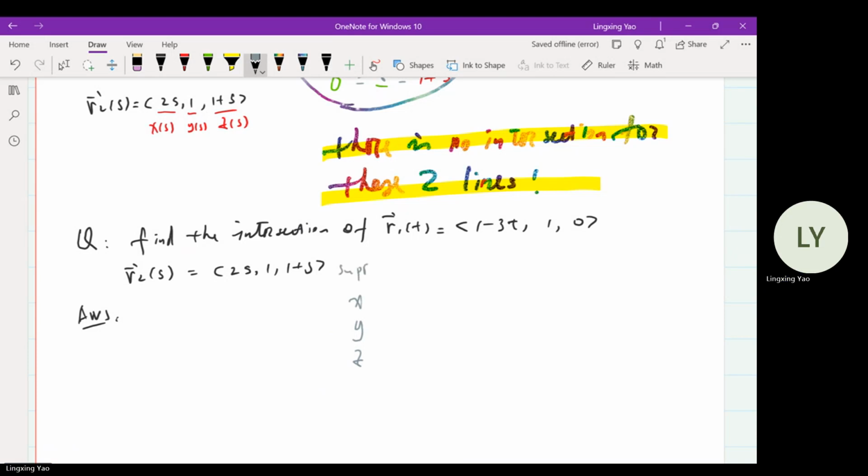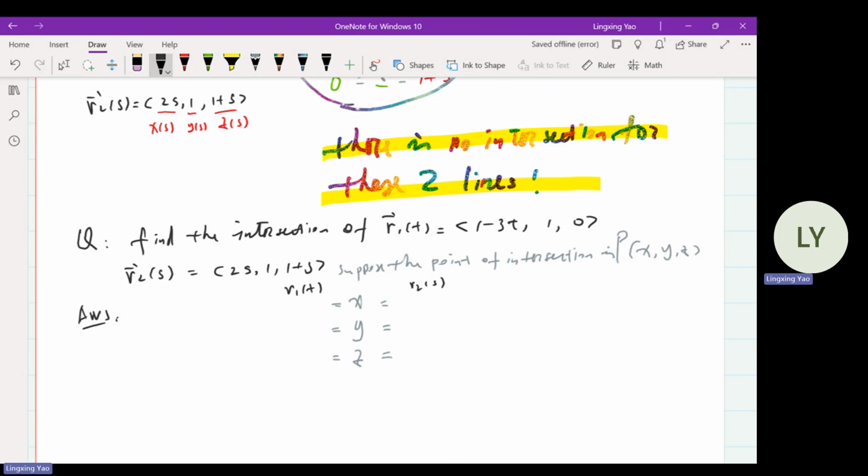Suppose the point of intersection is x, y, z, the point P. Okay, and if there is such a point P, then the R1 on the left and R2 on the right should match each other with some choice of t and s values.